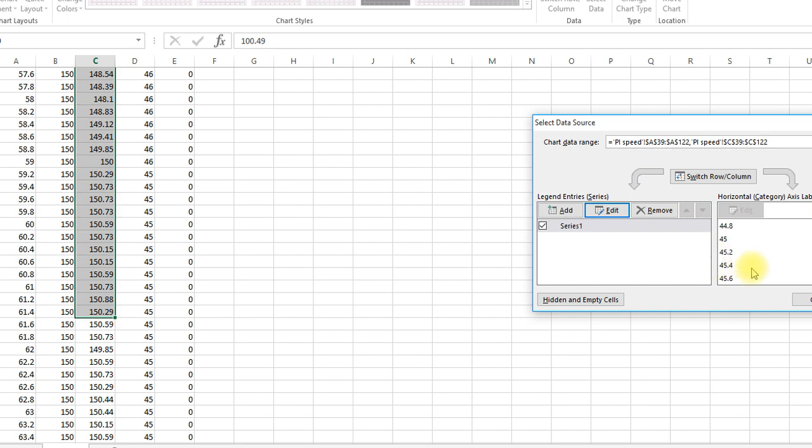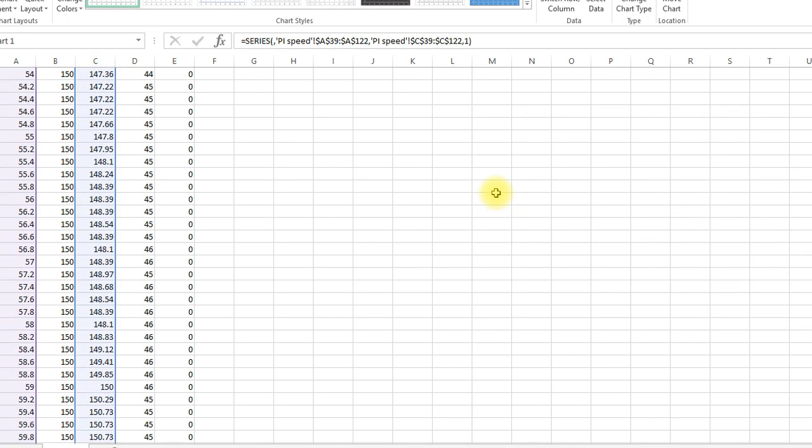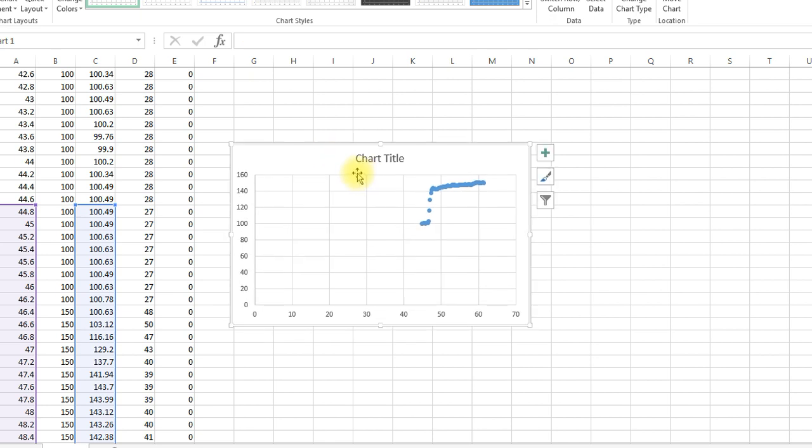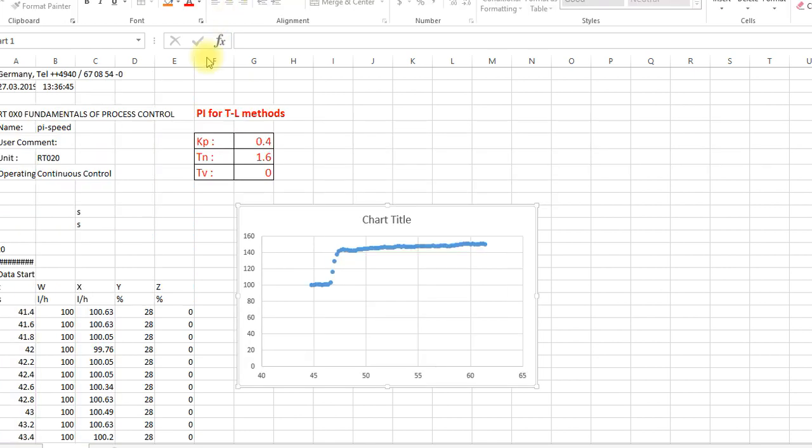You can see the graph. Where is the graph? This is the graph. So I need to adjust the axis. Okay, so I have adjusted the x-axis, so now it looks better.